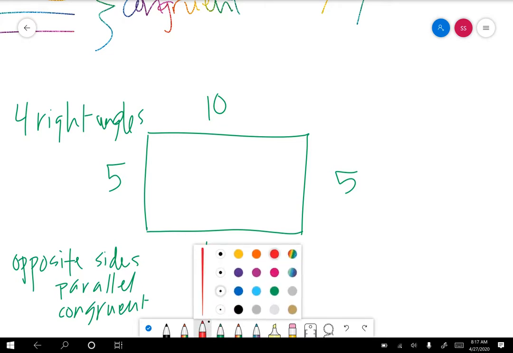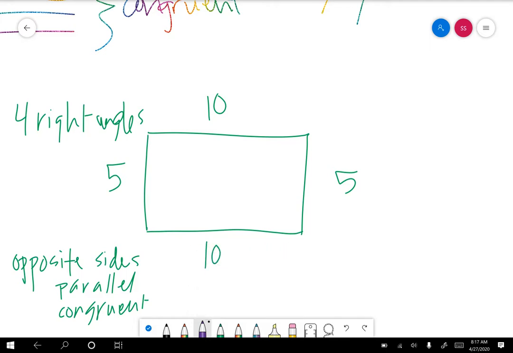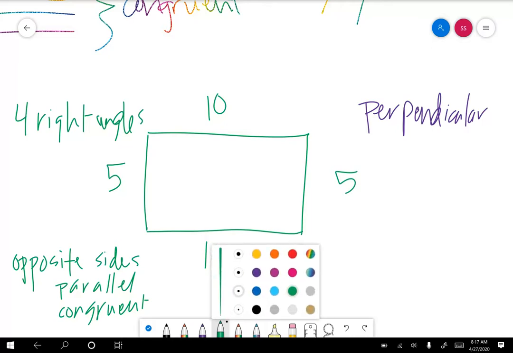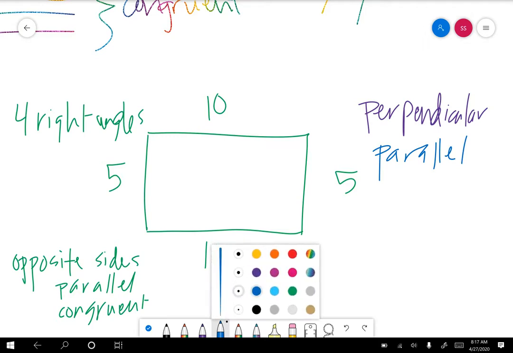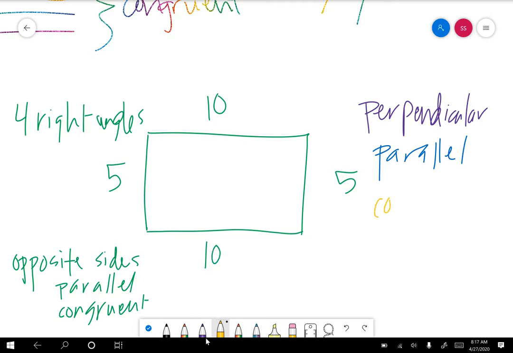So let's use purple. So to show that they're perpendicular, we'll use purple. Okay, and then we'll use, let's see, blue for parallel symbols, and then yellow. Let's use yellow for congruent. Okay, so starting with perpendicular. Again, perpendicular lines are lines that intersect at a right angle, right?